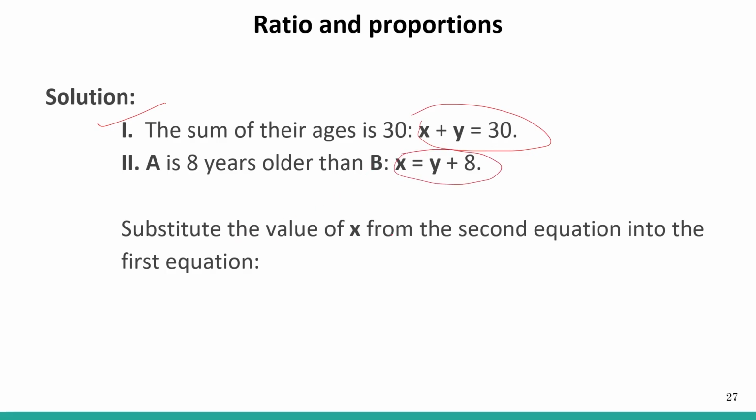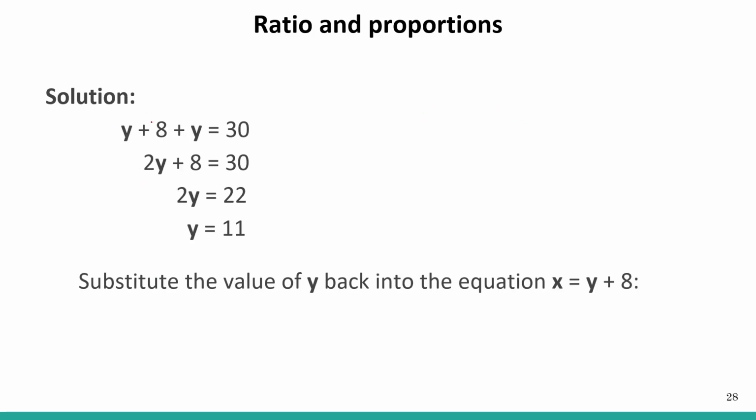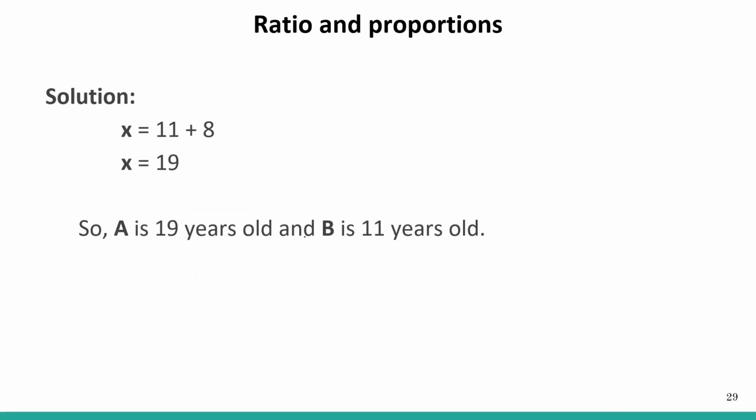So substitute the value of X from the second equation into the first equation. We are left with Y plus 8 plus Y, which gives Y equal to 11. Putting Y back into the equation X is equal to Y plus 8, X will be 19. So A is 19 years old and B is 11 years old. Okay, so we have now solved it. The correct answer is A is 19 years old and B is 11 years old.